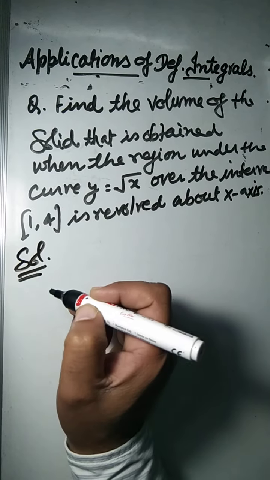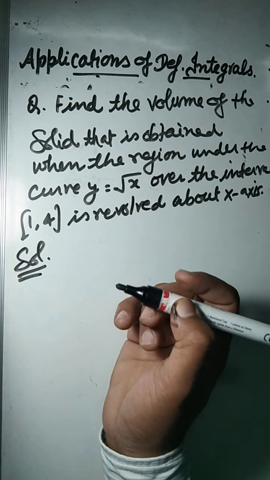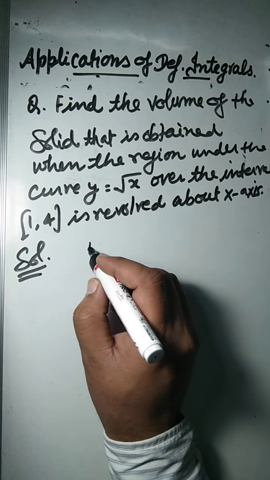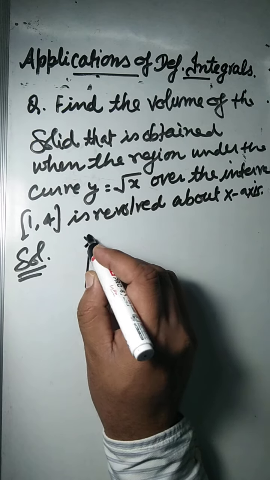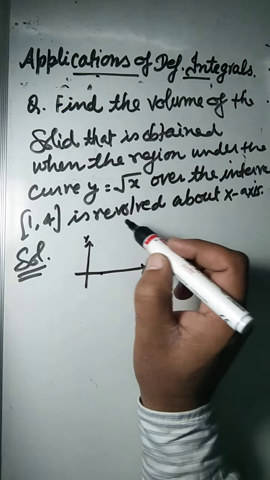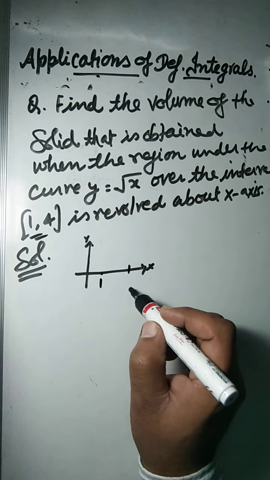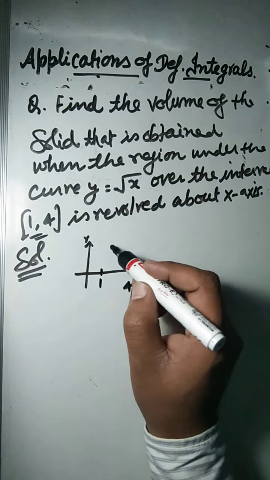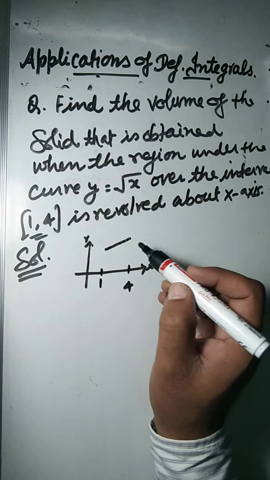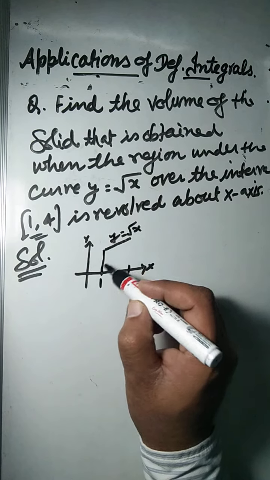Here we have the solution steps. First step, we will draw the curve. So this is the y-axis, this is the x-axis. It is given that the interval is 1 and 4. 1 is here, 4 is here, and y equals root x looks like this. We join this.